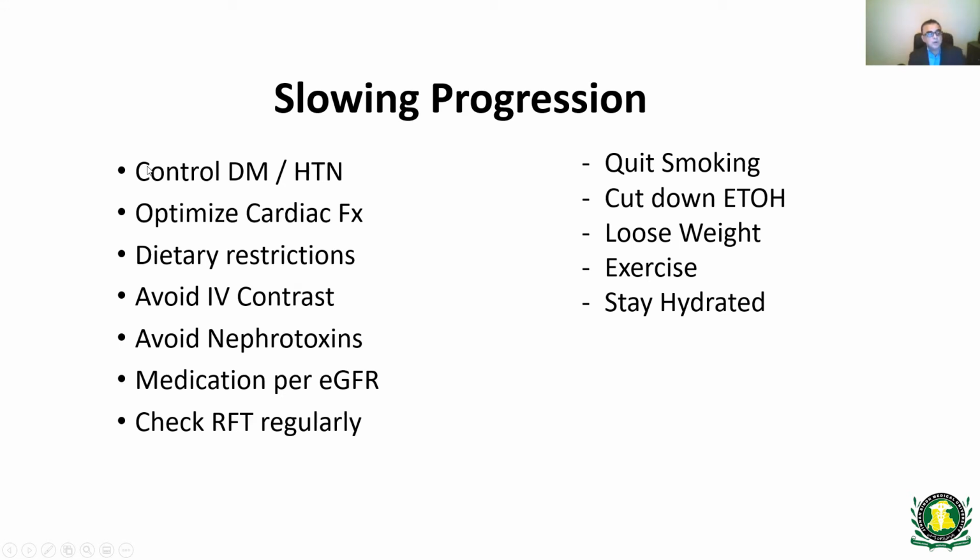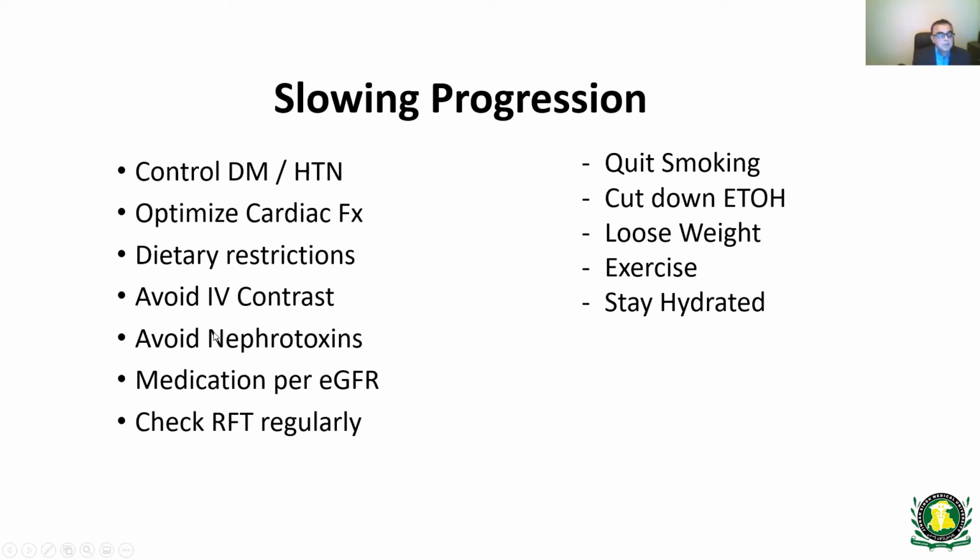now new sodium glucose co-transporter 2 inhibitors, and optimizing the cardiac medications and functions, because as we know, some of the medications that have very beneficial effect on cardiac functions can have adverse effect on renal function, so working in collaboration with a cardiologist definitely helps the patient.